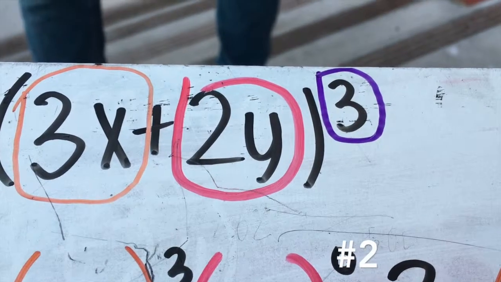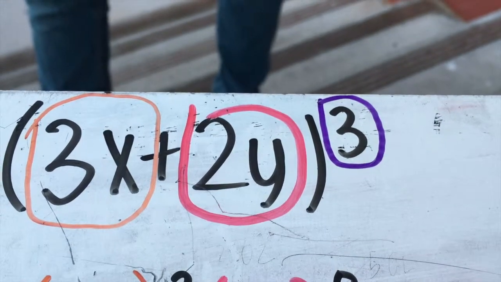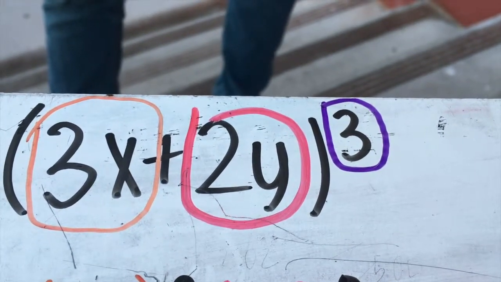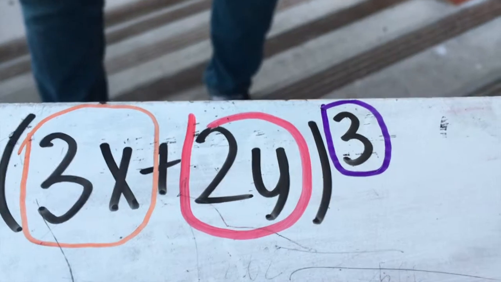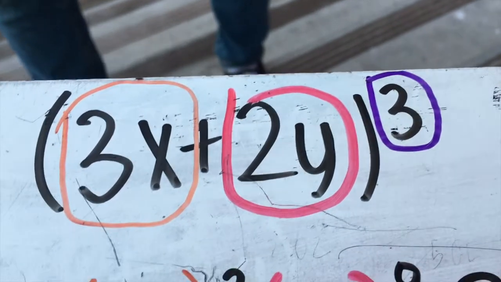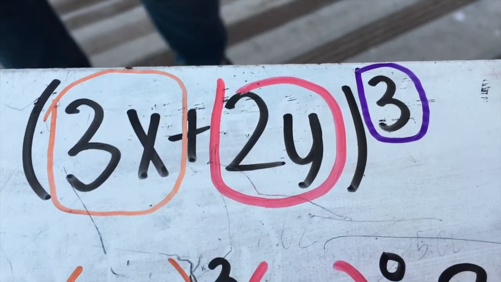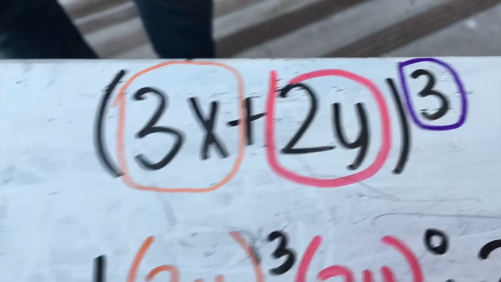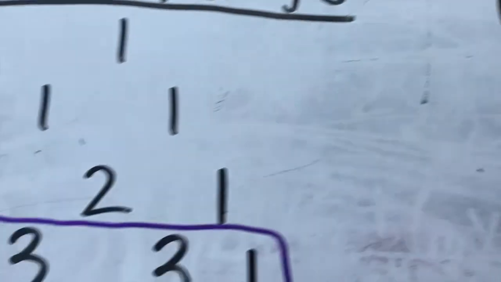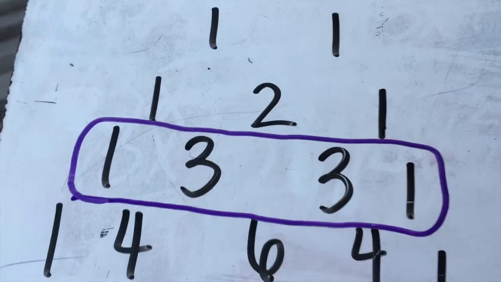The equation is 3x plus 2y cubed, or to the third power. In this equation, we will be using Pascal's triangle, which you will see in a second. This is Pascal's triangle.